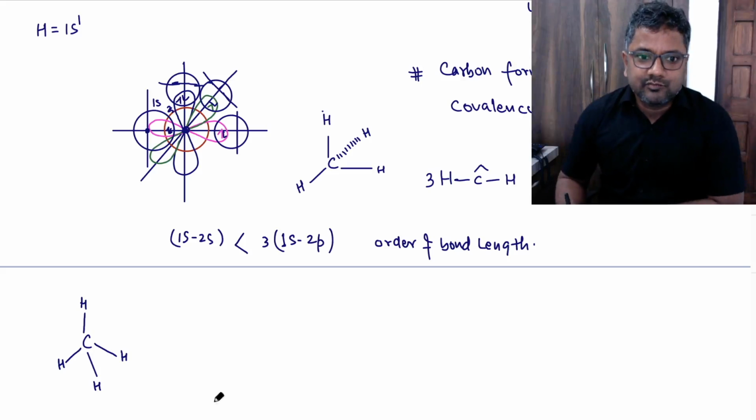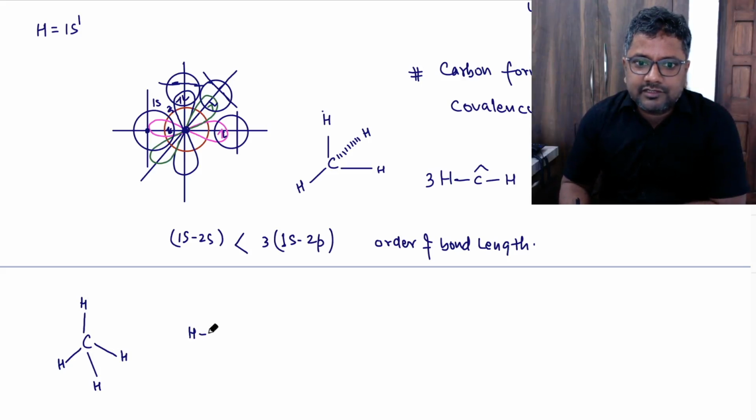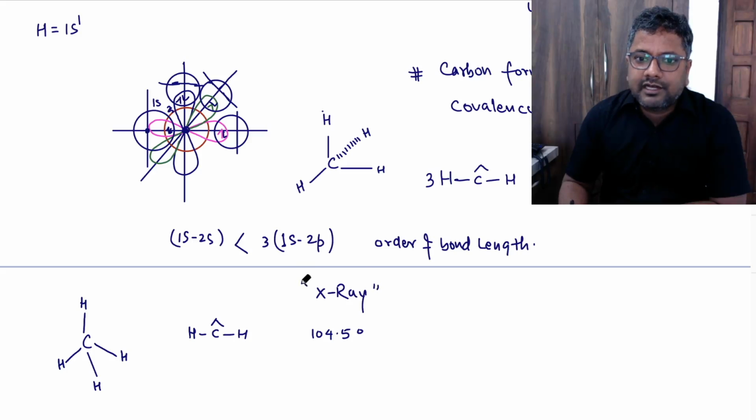But this methane molecule has HCH bond angle of 104.5 degree, determined by X-ray diffraction methods.